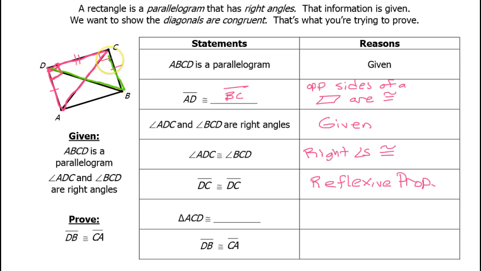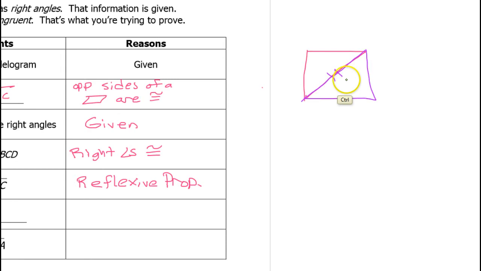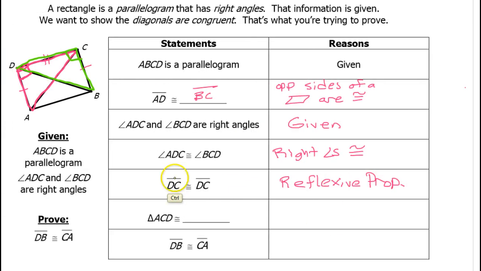Here is the other triangle, and there's the right angle. So if you look at it this way, hopefully you can see that DC is a shared side. There's a green DC and there's a red DC. That is an overlapping side, even though it's a little bit different from what we're used to. So that's why the reflexive property is showing up this way.